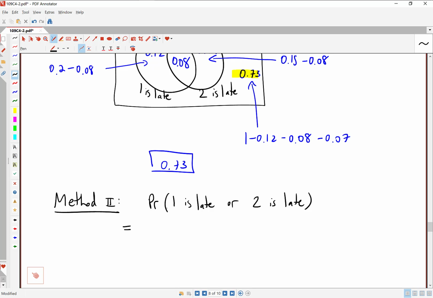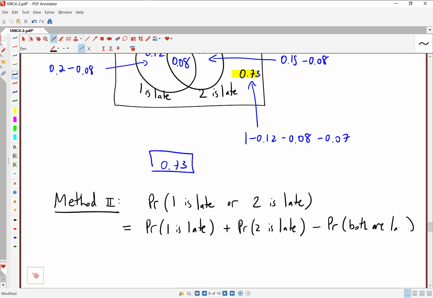So the probability of this or that is probability of the first thing plus probability of the second thing minus probability of both things happening. So minus the probability that both are late. Okay, and so we've got all this information given in the question.